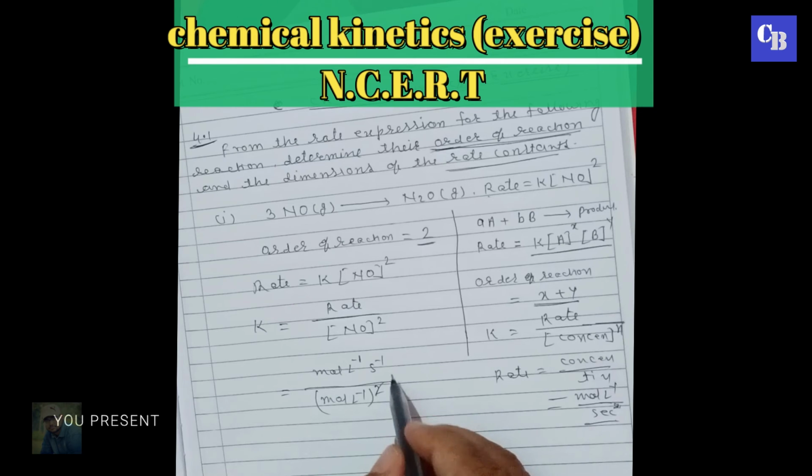Then this is cancelled by the numerator, then per second divided by mole per liter, and then you take the inverse of this: mole per mole, mole inverse, liter, second inverse.